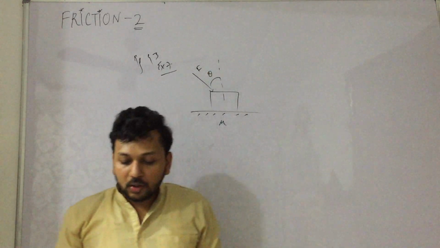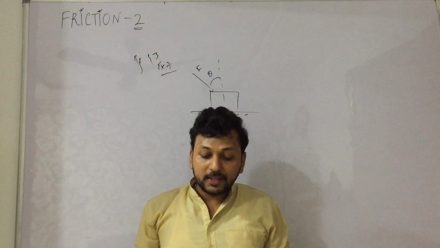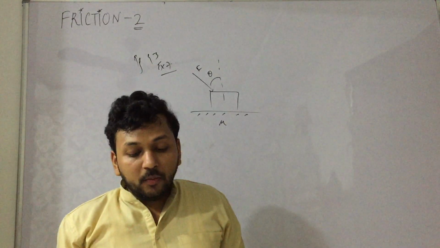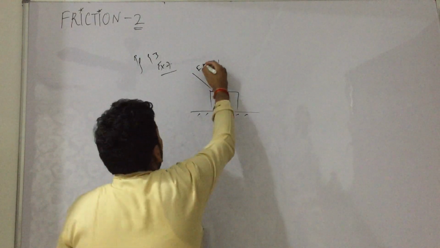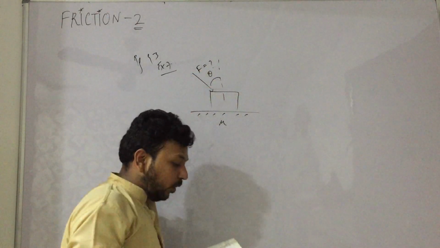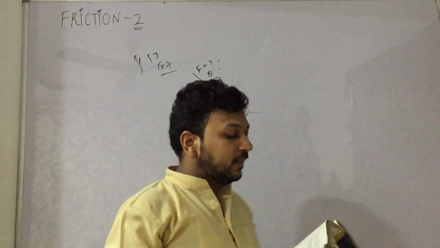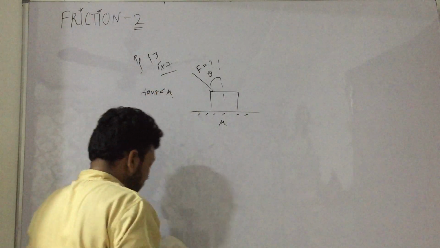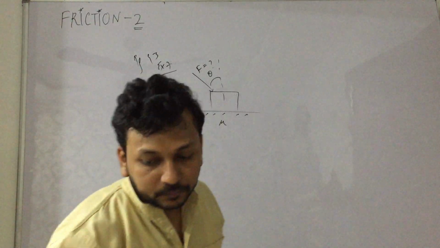Okay, so a block placed on the horizontal surface is being pushed by a force F, making angle theta with the vertical. If the coefficient of friction is mu, how much force is needed to get the block started? And discuss the situation when tan theta is less than mu. So this is how the question is, okay?